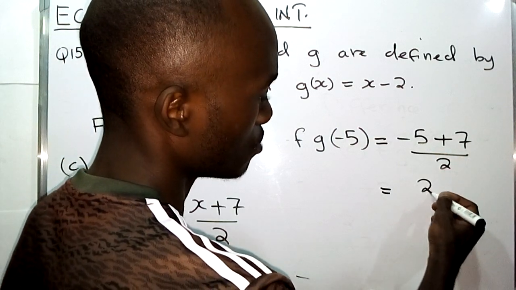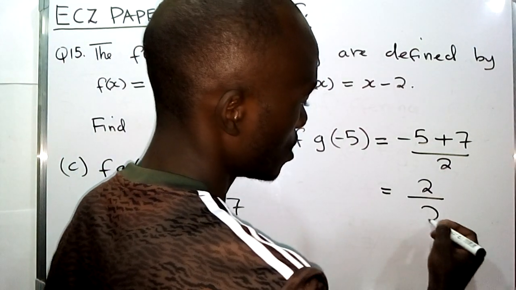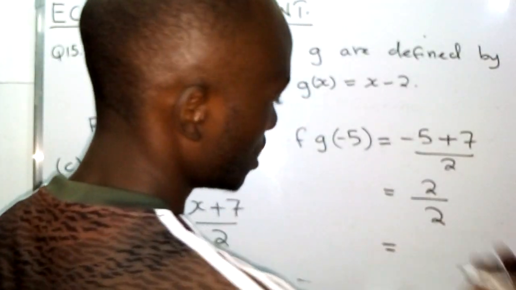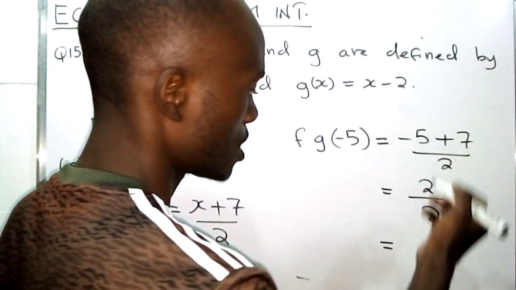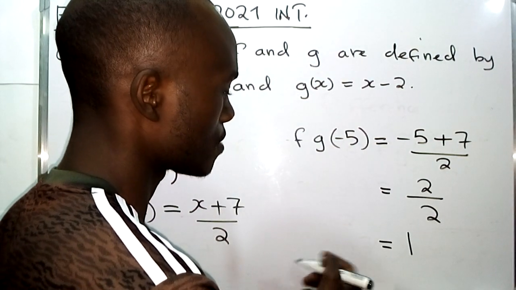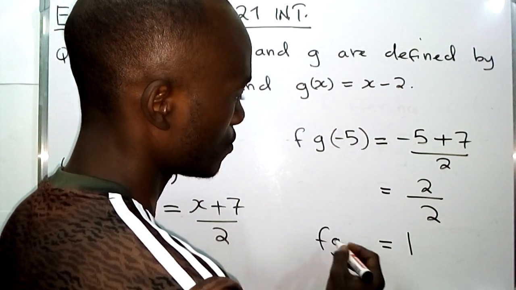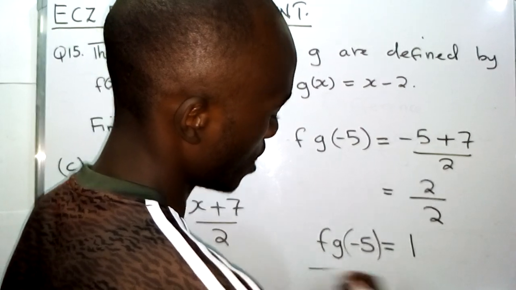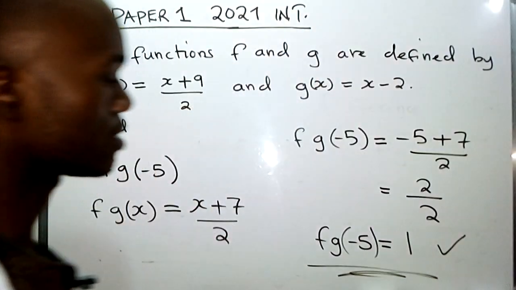So it will give us positive 2 over 2. You notice that we can simplify this further. 2 into 2 is 1. So our final answer will be 1. So this is our final answer for fg of negative 5.